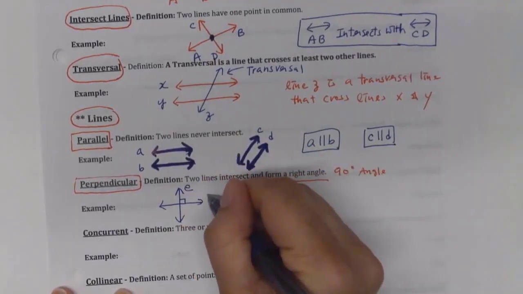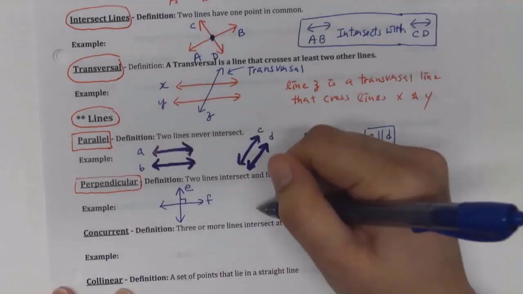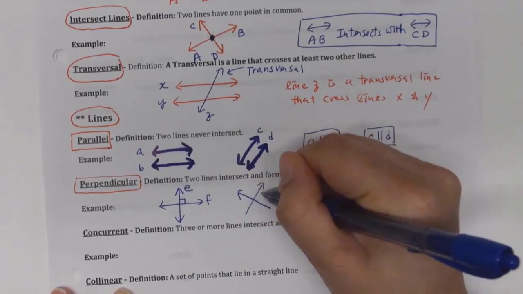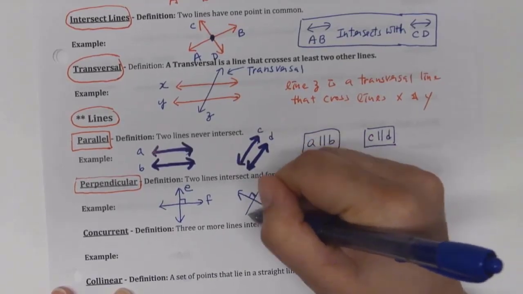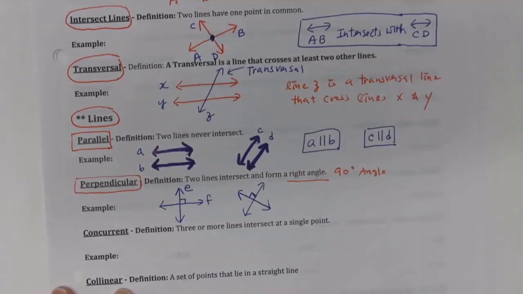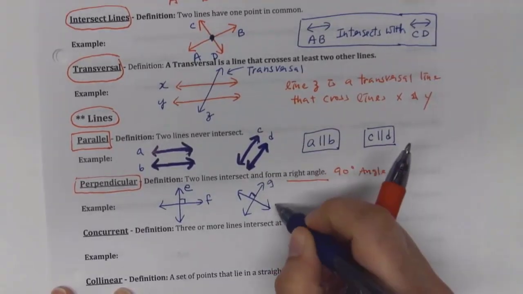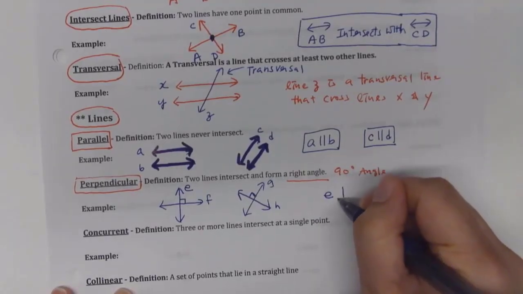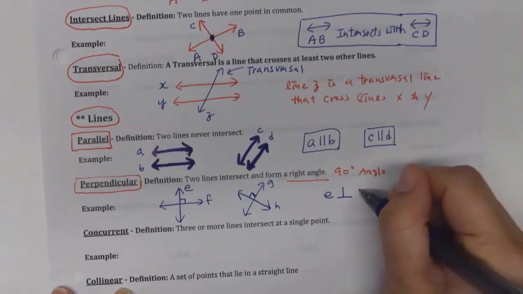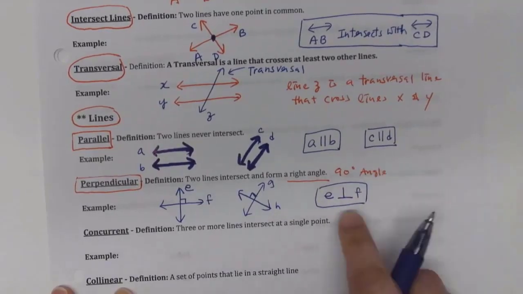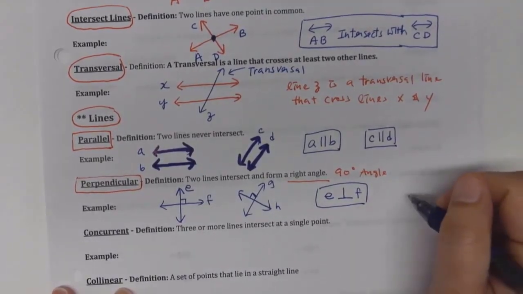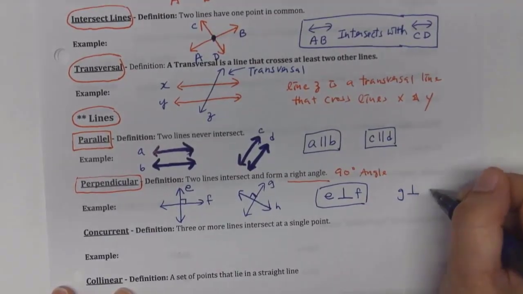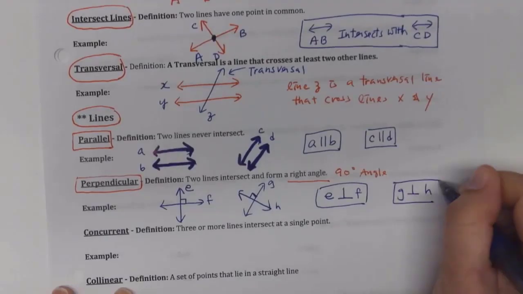I can call this E and F. And let me try my best to do a sideways one. I didn't do a very good job. G, H maybe. I can say E is perpendicular to F. This is the symbol for perpendicular, and G is perpendicular to H. Are we okay?